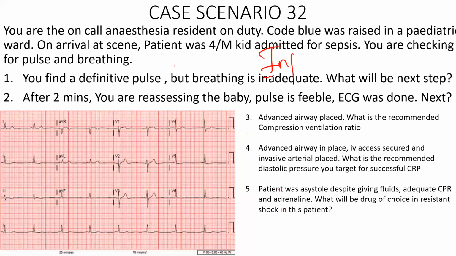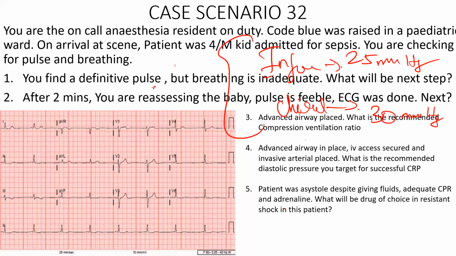For infants, you have to target 25 millimeters of mercury for diastolic blood pressure. I'm telling diastolic pressure. For children, like this is a 4 year old, it is a child, so you have to target 30 millimeters of mercury diastolic pressure. This is based upon the ACLS 2020 guidelines. So this is the most recent.